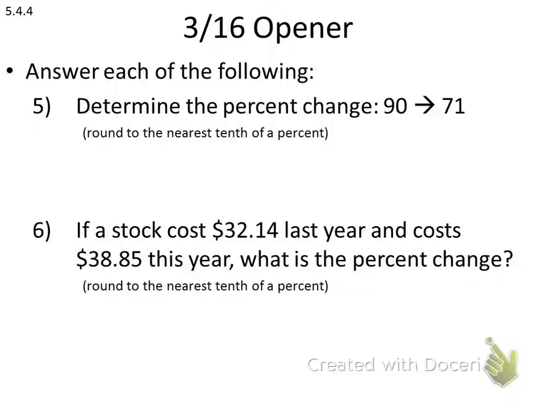The parentheses and then the triangle. So the percent sign, what's this triangle? It means change, the delta sign for change, okay? Equals, give you the whole thing. 71 minus 90 over 90, equals, I mean, divided by, not divided.